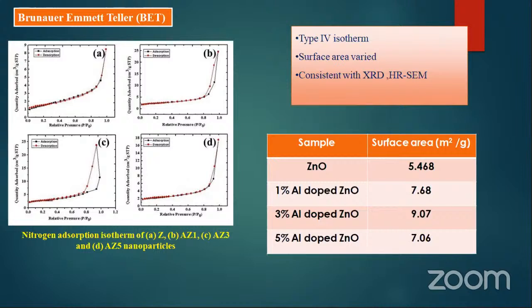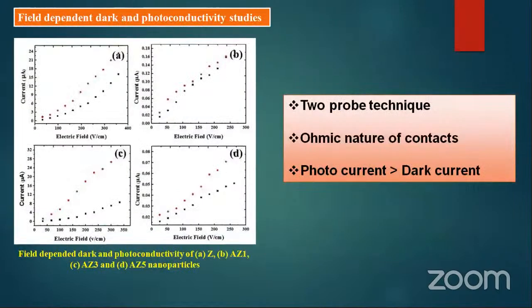The highest surface area is for 3% aluminum doped ZnO, and the least for the undoped sample. Field-dependent dark and photoconductivity studies are done because our application of this material is for dye-sensitized solar cells. This is a two-probe technique, and in all the diagrams you can see it's showing an ohmic nature, that is, as voltage increases, current is also increasing, and in all the samples the photocurrent is greater than the dark current.